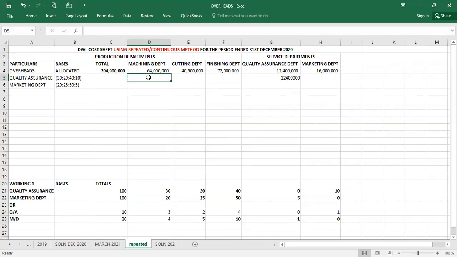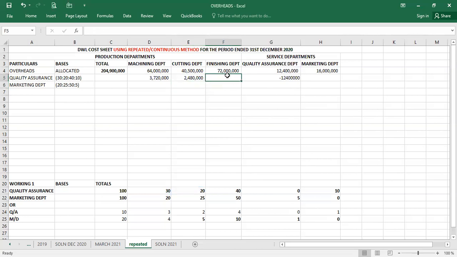So we start by saying this, divide by our total, multiply it by the cost. The cost is this. Then for this one, it will be this, divide by our total, we multiply it by this.